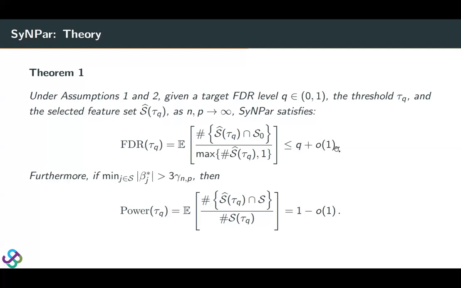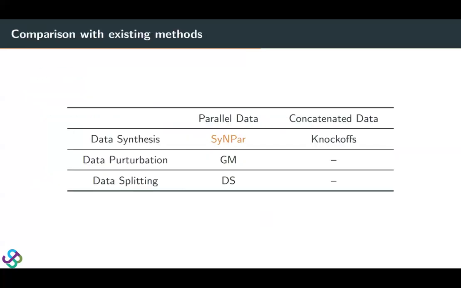This constant goes down to 0, small o(1), as n and p go to infinity. So asymptotically FDR is controlled. Furthermore, if the minimum signal strength is high enough, that is 3 times the correction factor, we can even have asymptotically perfect power. As sample size goes to infinity, the power approaches 1. That's the theoretical result showing that it comes with guarantees.